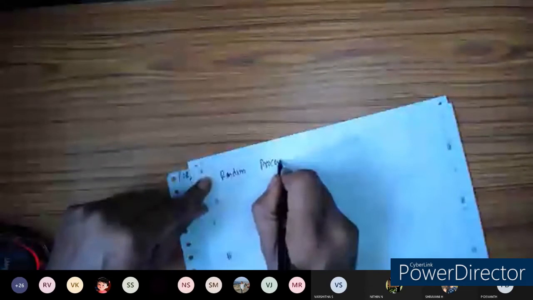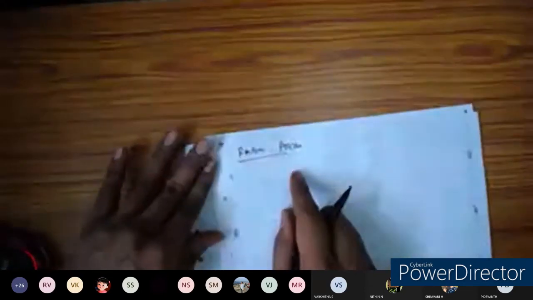So take random process. We are going to assign the real number to the outcome of the experiment, which is a time varying factor.